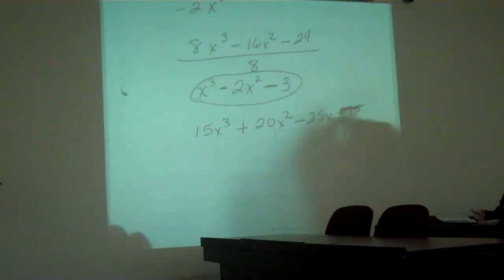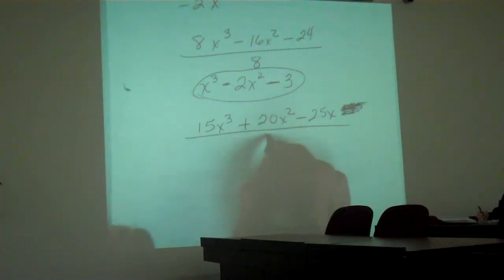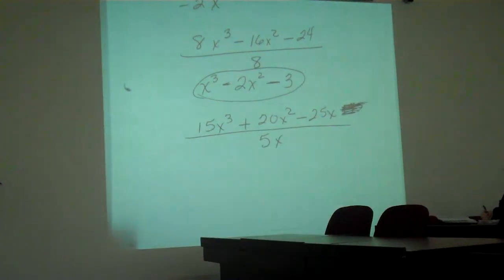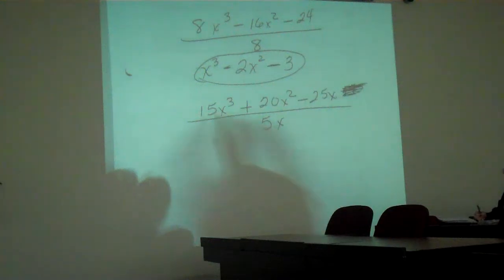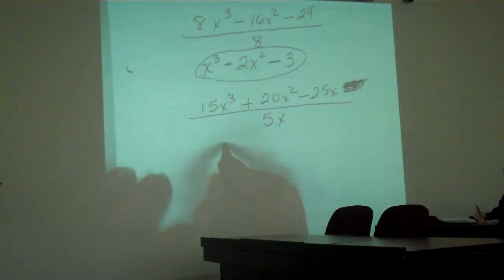So let's take this part off. Okay, divided by 5x. Divide 5x into each one of these. 5x into 15x cubed is what? 3x squared. 3, and then x squared.